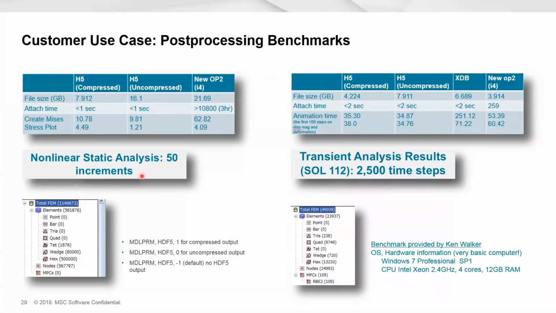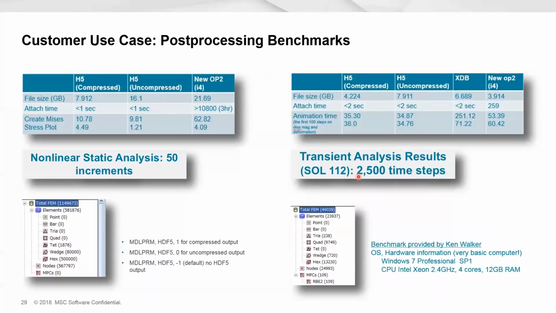And creating plots, you see this is also much faster than with OP2 new. On the right side, you see a transient analysis with 2,500 time steps. And here is also an interesting thing, the attach time.